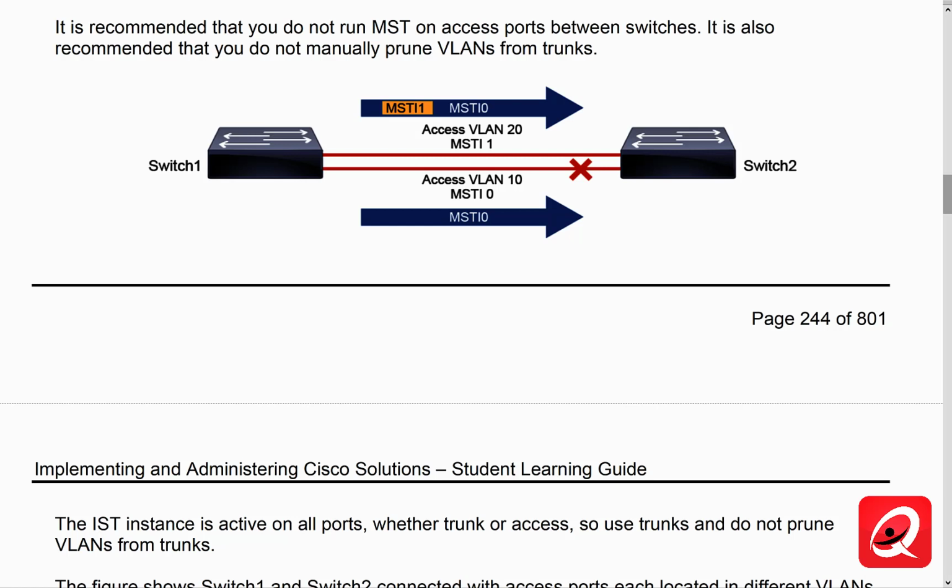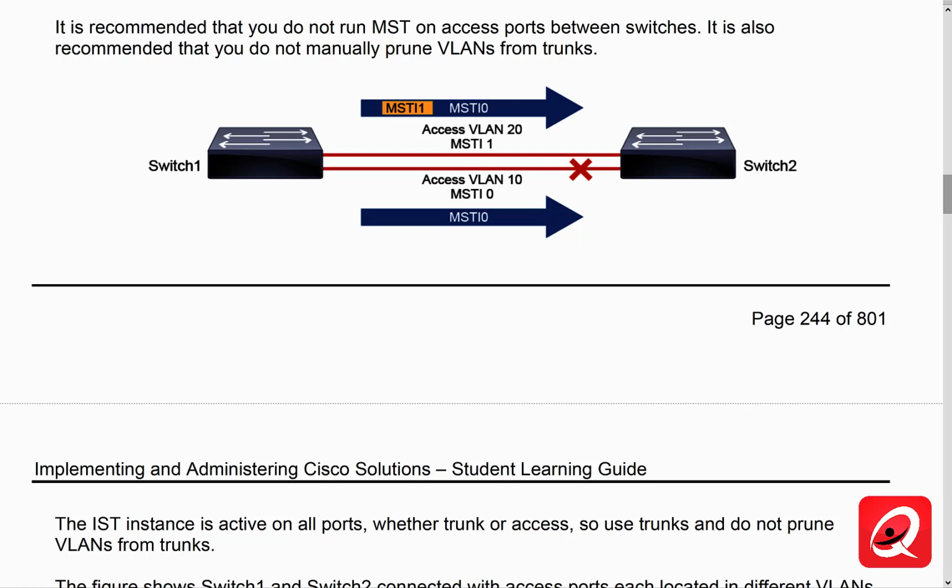We see switch 1 and switch 2 connected here. In this particular case, they're connected with access ports that are assigned to different VLANs. MSTI 0, multiple spanning tree instance 0, is active on the bottom link, and MST instance 1 is active on the top link.